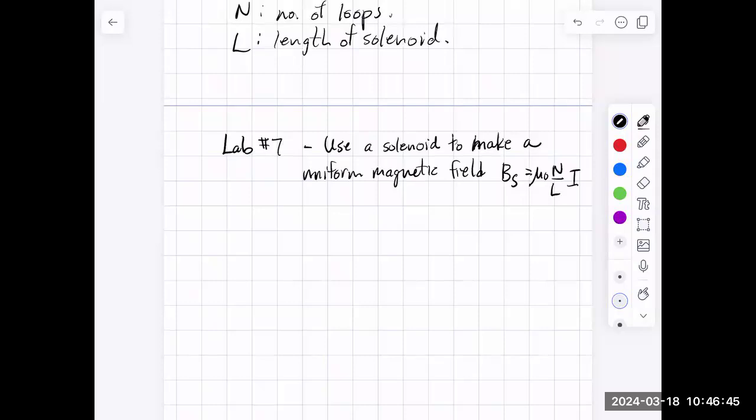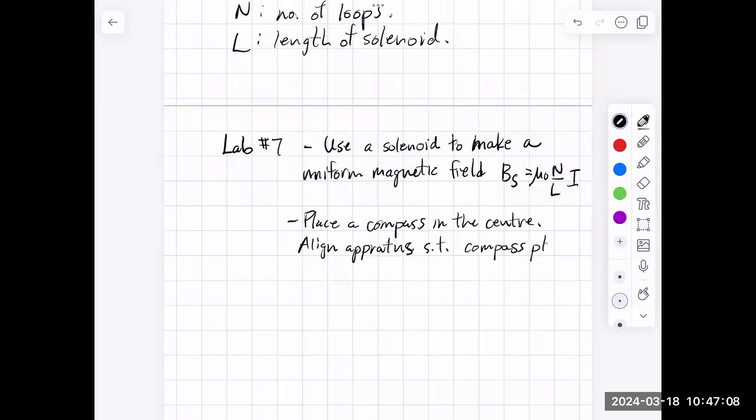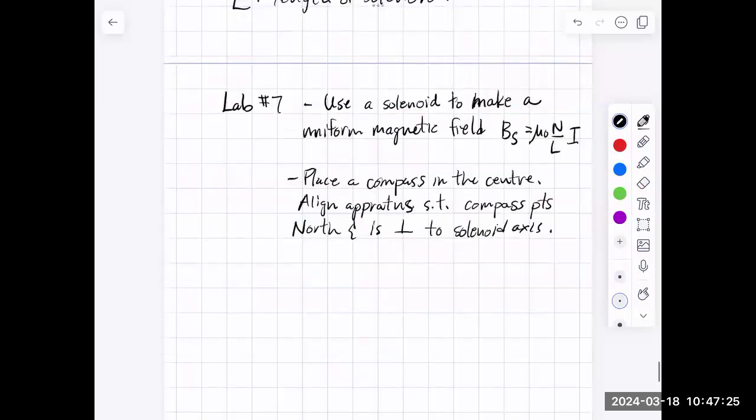Okay. And then we're going to place a compass in the center. And we're going to align the apparatus such that the compass points north and is perpendicular to the solenoid axis. Okay, so let me draw that picture.